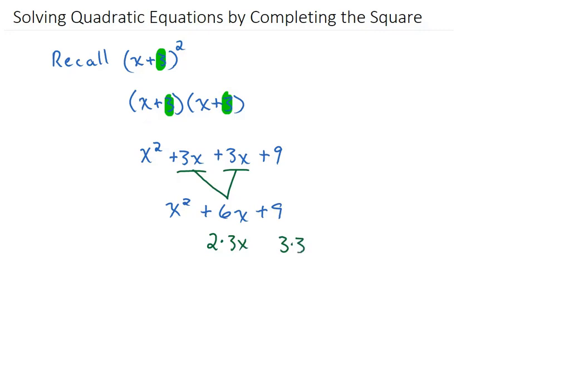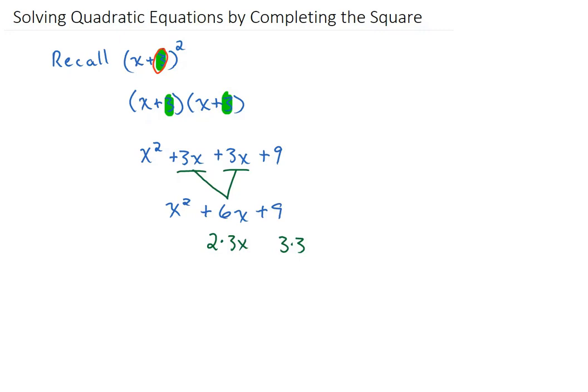Now this isn't true with every trinomial when we multiply it from two binomials, but if the binomials are the same, the middle number will always be twice this last number in the original binomial. And the last number will always be that number squared.